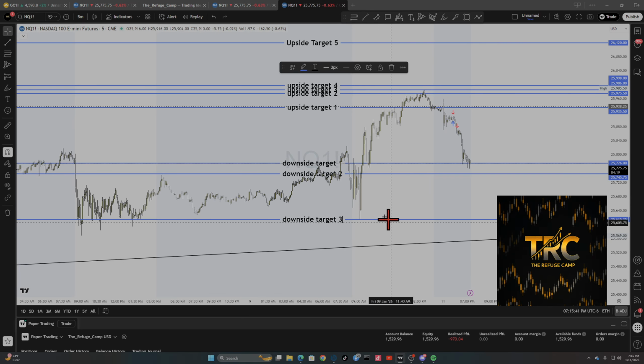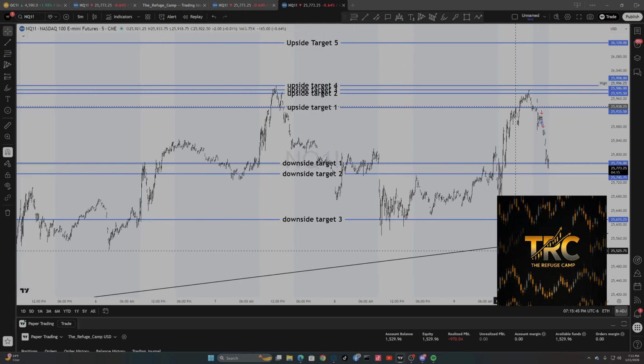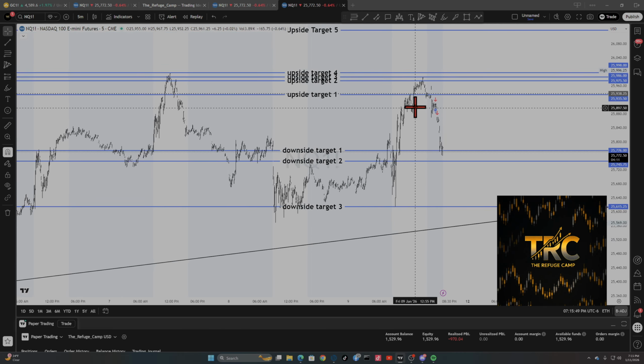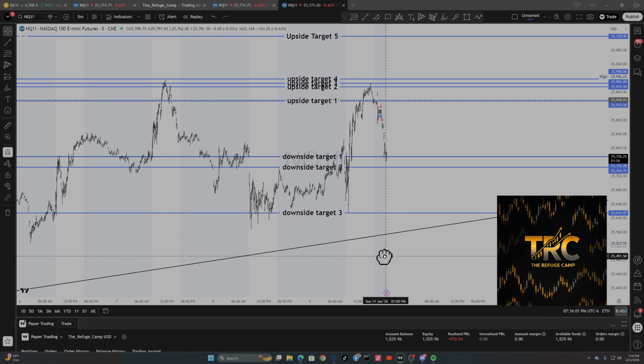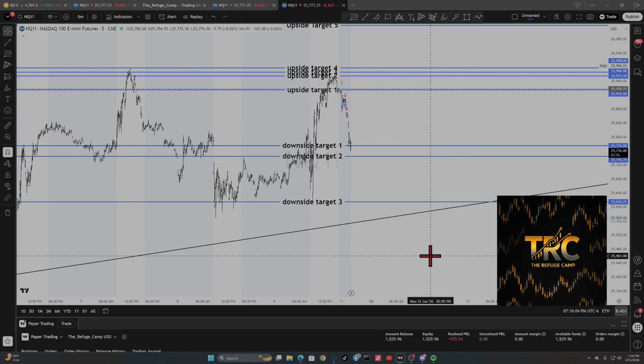Now, can we do more targets to the downside? Can anybody just see off of the little bit of stuff going on the chart right now, what happens if we actually break and close below this downside target? It's going to be a lower low. Correct. We are going to be at the bottom of testing that trend, right?